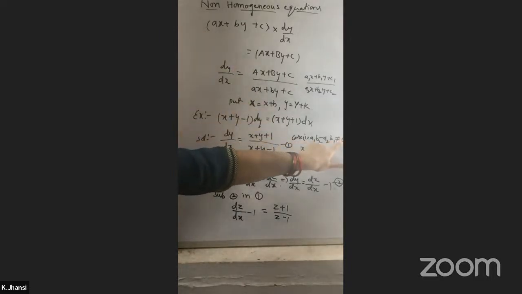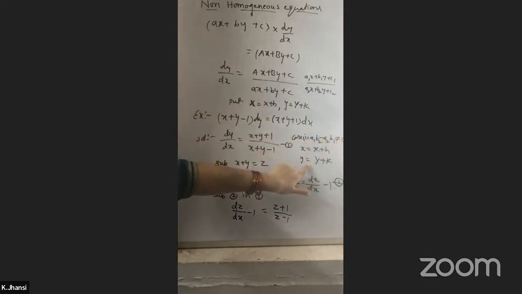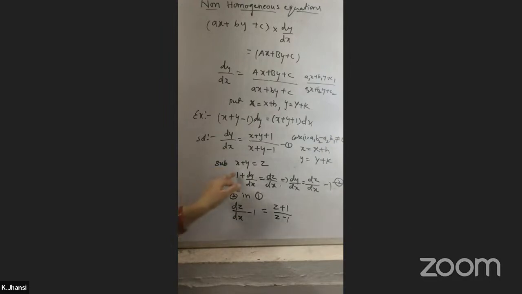So 2 types of non-homogeneous problems will be there. One is, if the condition is not equal to 0, you have to put this one. If it is equal to 0, like this, where some terms are common, then you have to do the simplification by taking another variable. Remember that one.